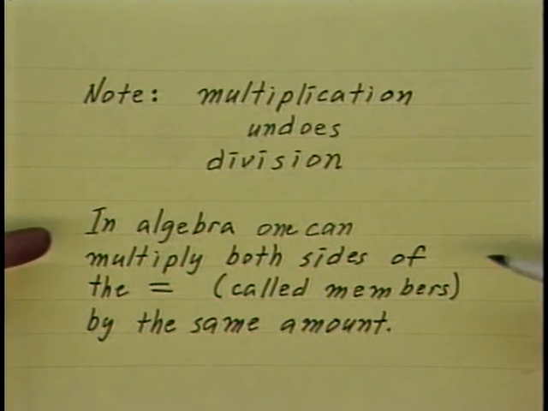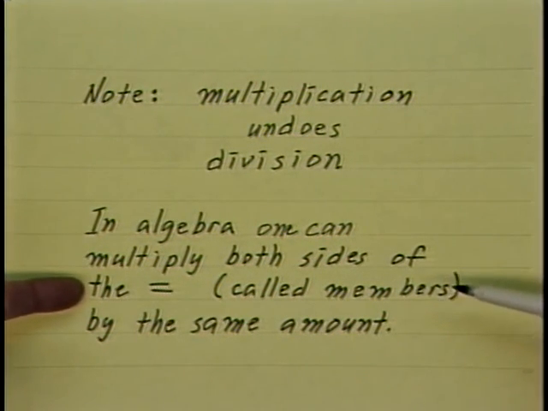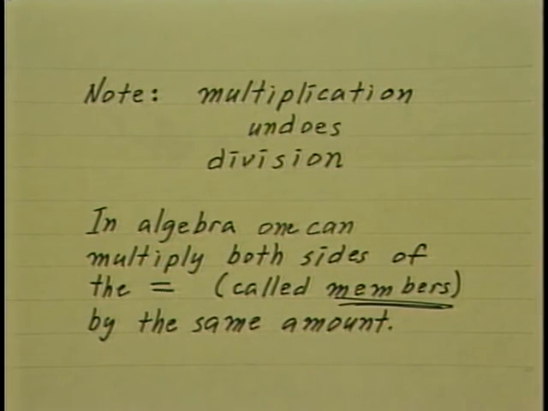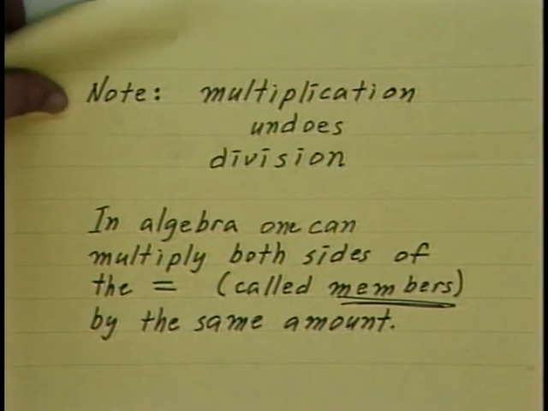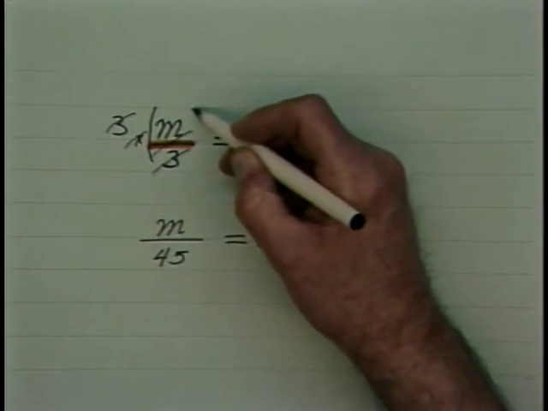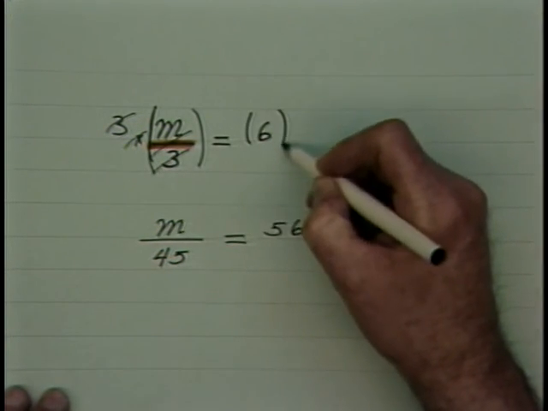In algebra, one can multiply both sides of the equation, and those sides are called members of the equation in algebra, by the same amount. So in this equation, this is one side, one member of the equation, and this is the other member.